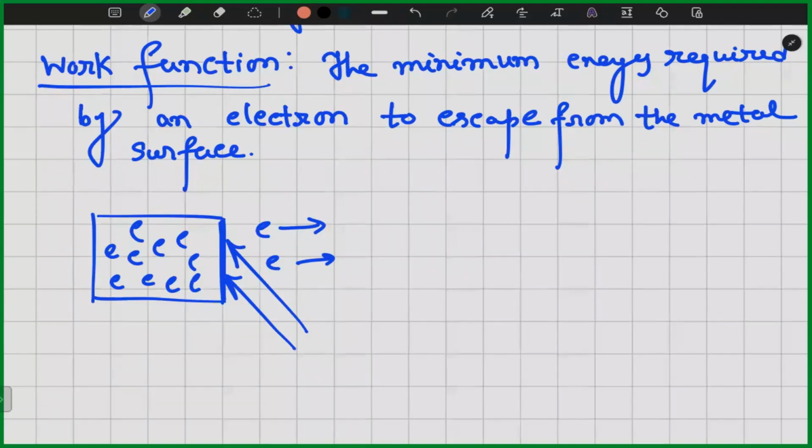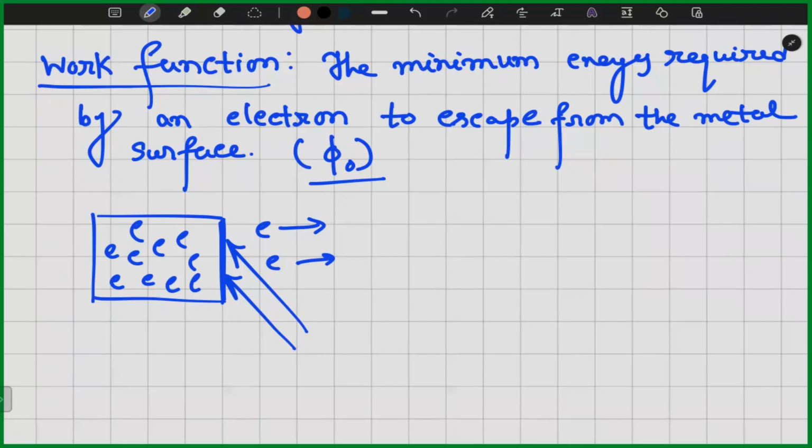That amount of energy is called work function. This is called work function phi naught, and this phi naught depends on the metal. This is the characteristic of the metal. It varies if we change the metal. So phi naught is the work function. From here, the table is given in that NCERT book.